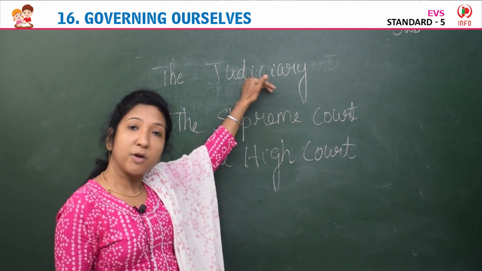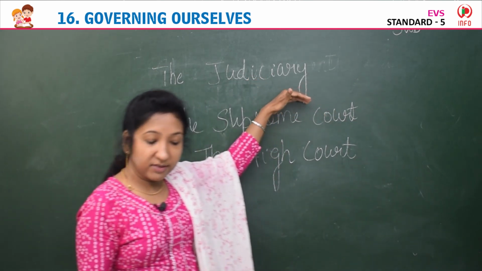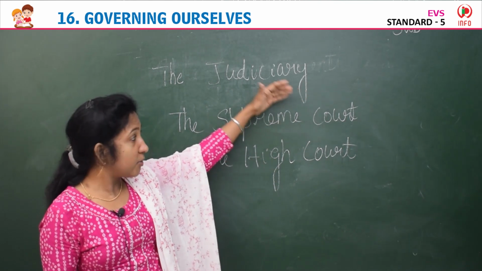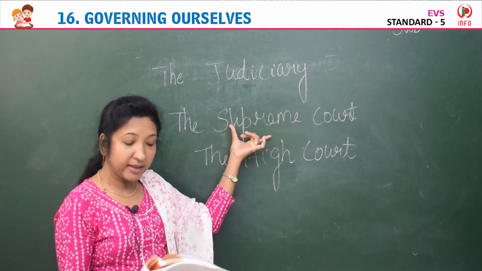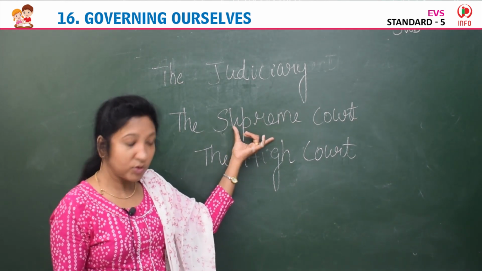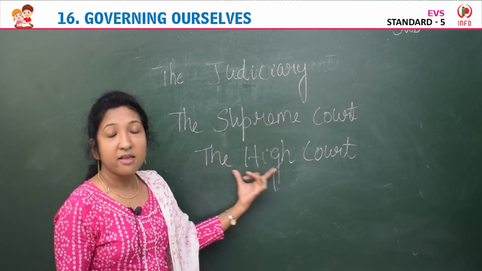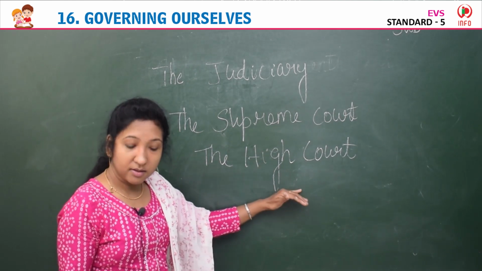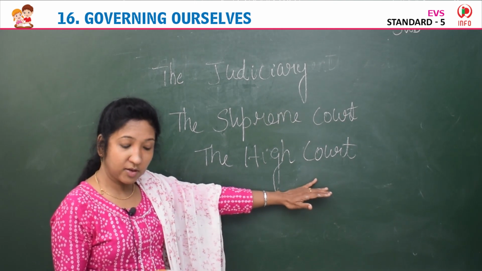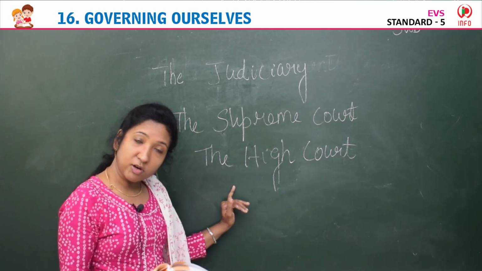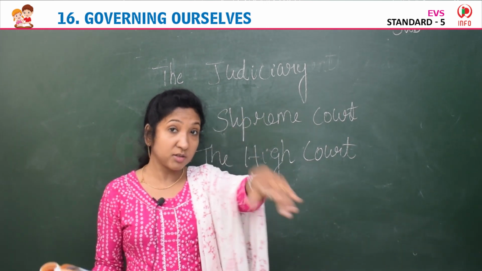It is also an important part of our government. It's one more authority we say. The Constitution of India provides an independent judiciary for us. The Supreme Court in New Delhi is the highest judicial body in our country, and in each state we have a High Court. This Chief Justice administers the oath to the President.